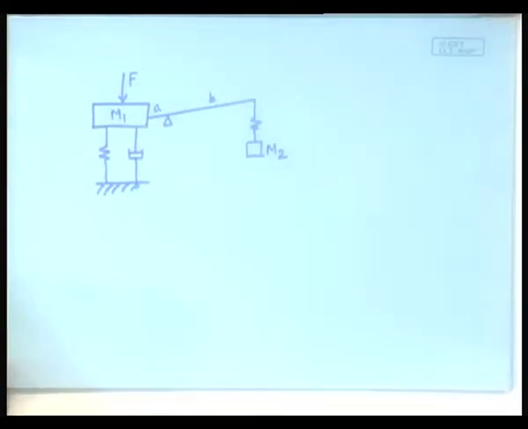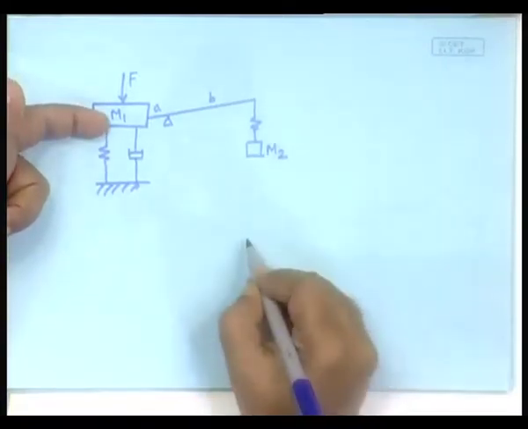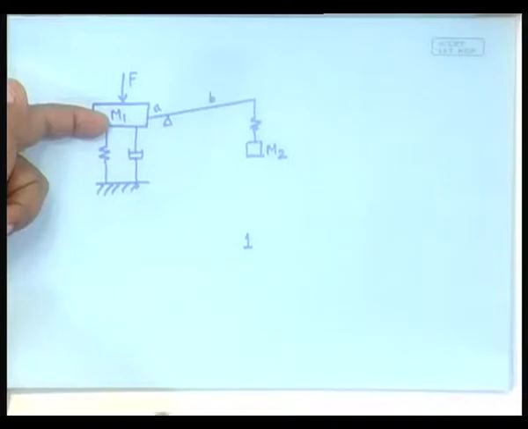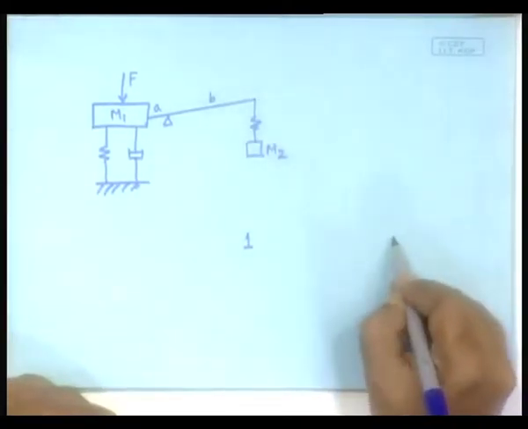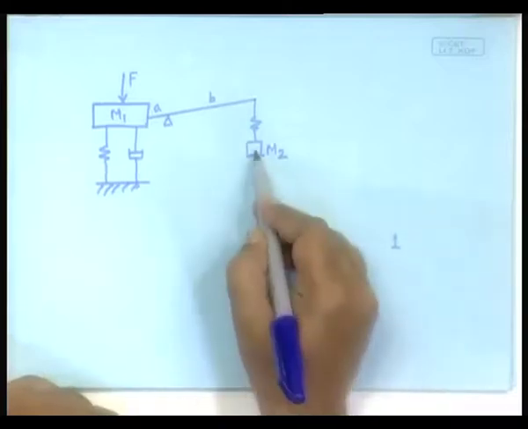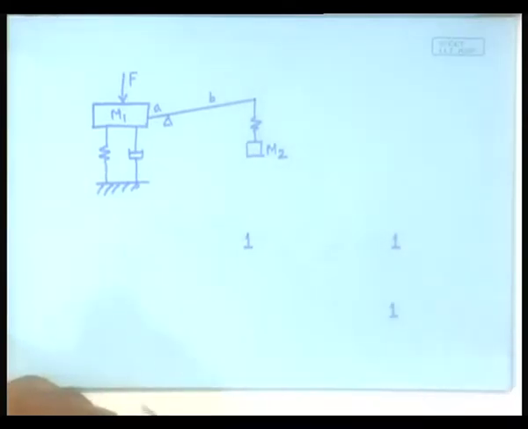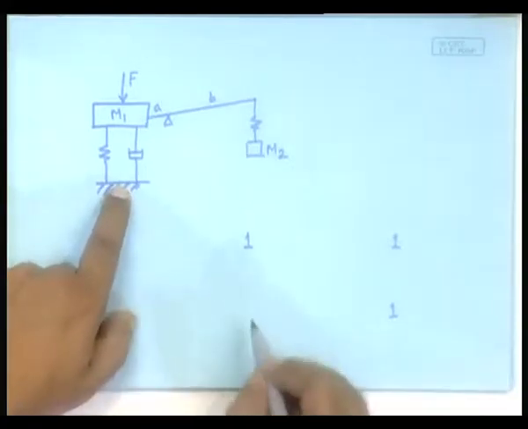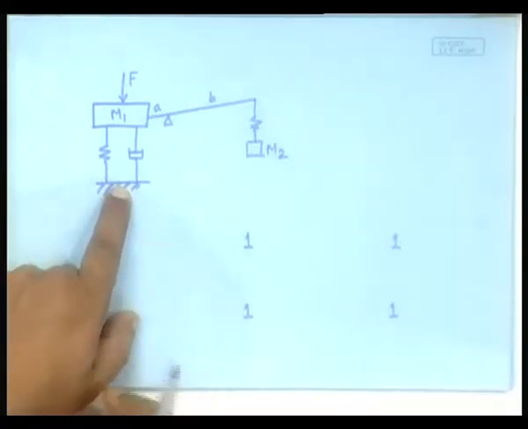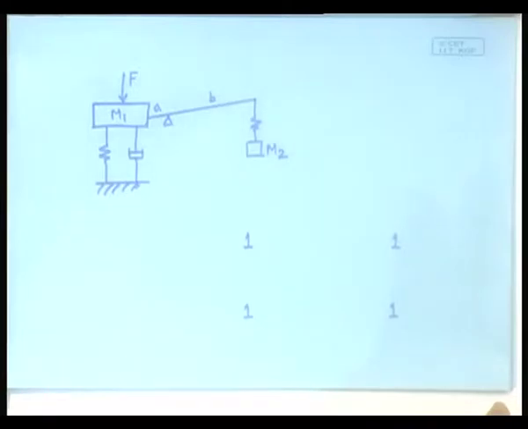What are the different velocity points? 1, I can easily see. So, we will put a 1 junction here. 2, so we will put another 1 junction here. 3, we will put another 1 junction here. 4, that is also another velocity point, another 1 junction here. Done? Fine.